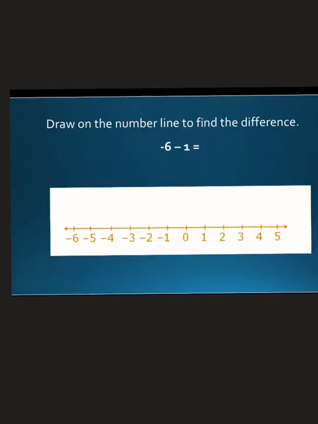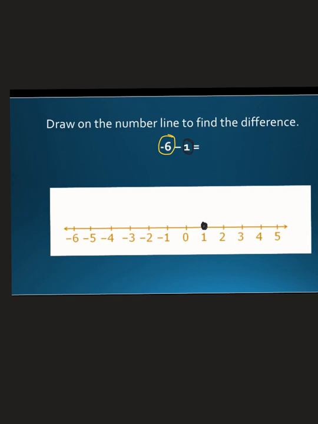All right, so step one is to start at your second number. So in this problem, my second number is +1. So I'm going to put a dot at +1. And then our second step is to move to our first number. So our first number in this problem was -6.